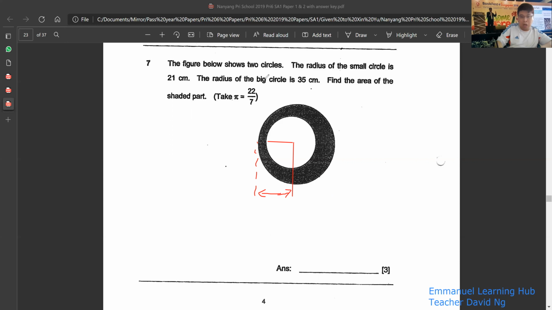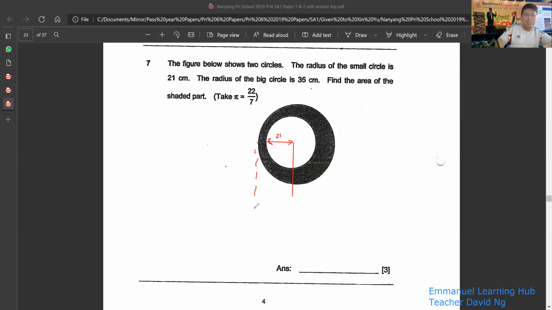Okay, radius of the big circle is 35. Radius of the small one is 21. Okay, what must you do? 35 minus 21.